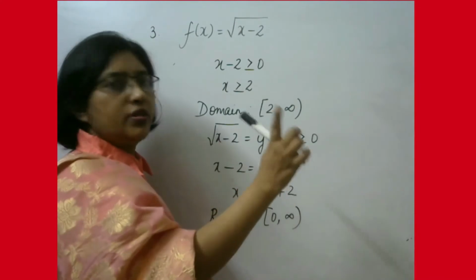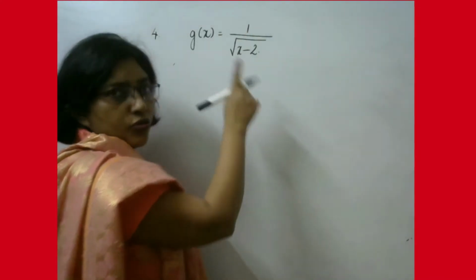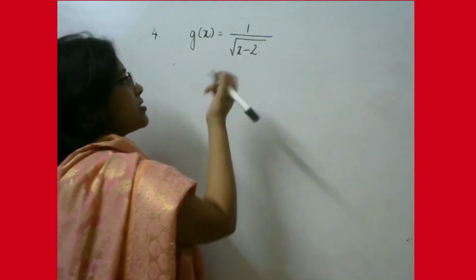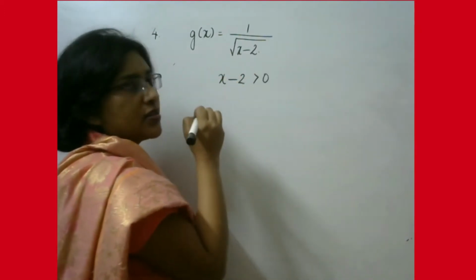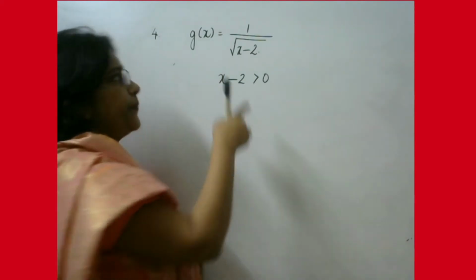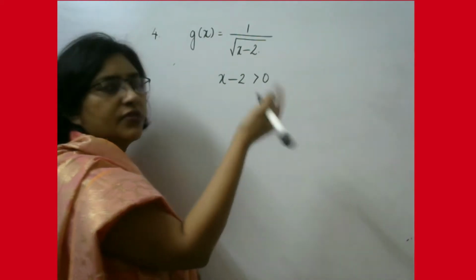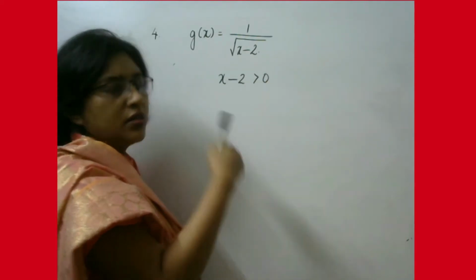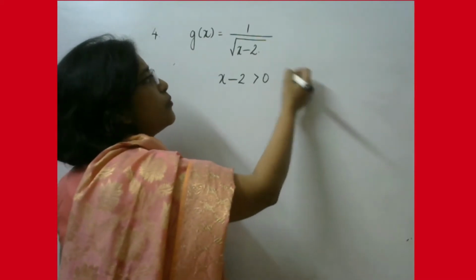So 0 to infinity. So now we have a similar one, 1 upon root. So when it comes as denominator, now we want the value only to be greater than 0. First of all, it is under root, so it should be non-negative. Then it is in the denominator, so it cannot be equal to 0, so it has to be positive.